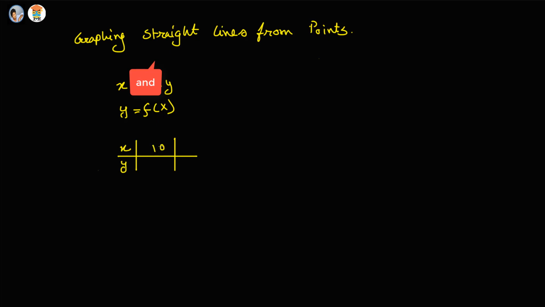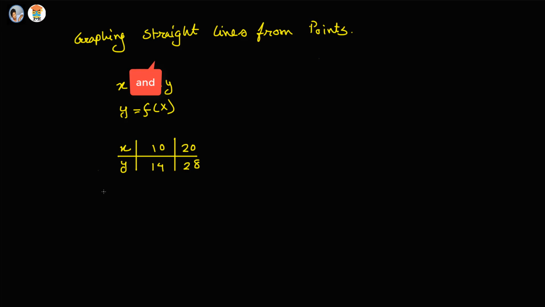Say x is 10 and 20. The value of y is say 14 and 28. We can have any values. There are two x values, 10 and 20, and there are two corresponding y values.